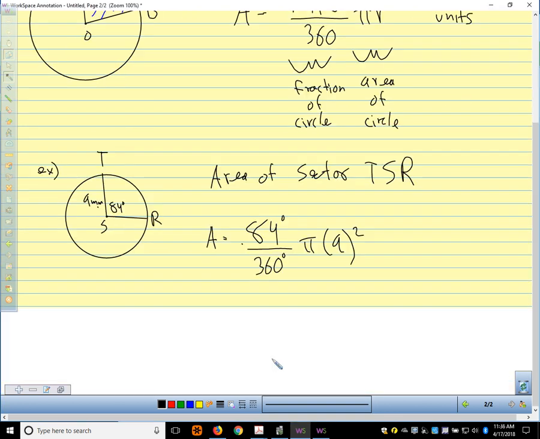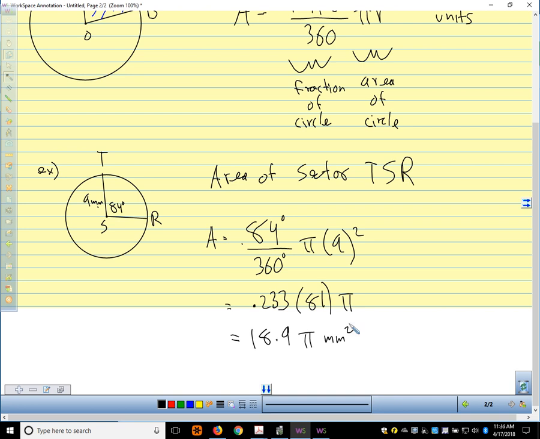84 divided by 360, when I calculate that out, I get 0.233. 9 squared is 81. And if I multiply 0.233 times 81, I would get 18.9 pi square millimeters. That would be my answer in terms of pi.